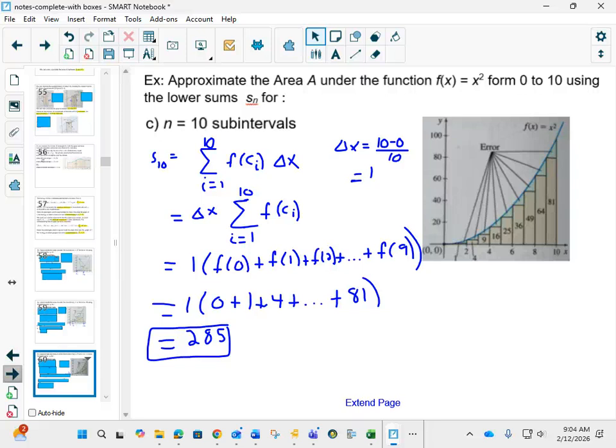I can tell you in this question, we will be able to figure it out with calculus exactly within like 15 seconds. I can even do the mental math right now and see what the answer is going to be exactly. But we're still at the underestimate of 285. And we still have quite a bit of error if we think about that.